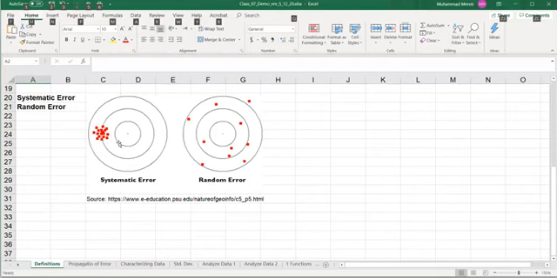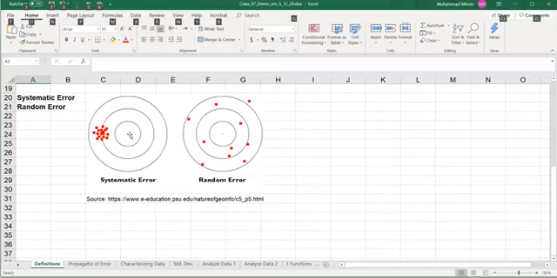Then you are always going to get results shifted or deviated from the correct value. In this case, it's repeatable, so it's precise, but we are not getting accurate results because there is a systematic error.